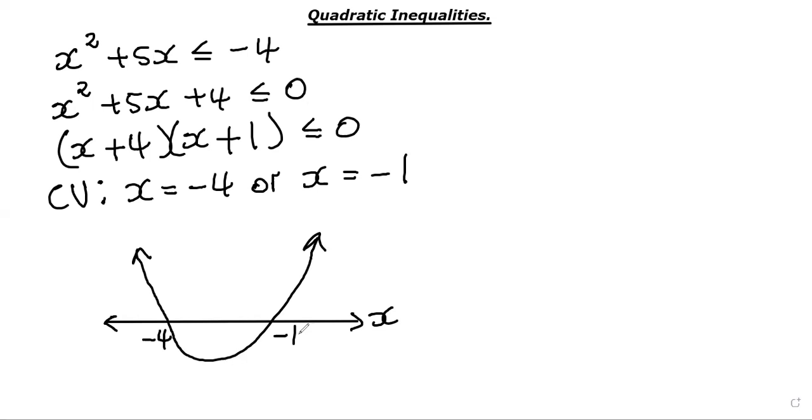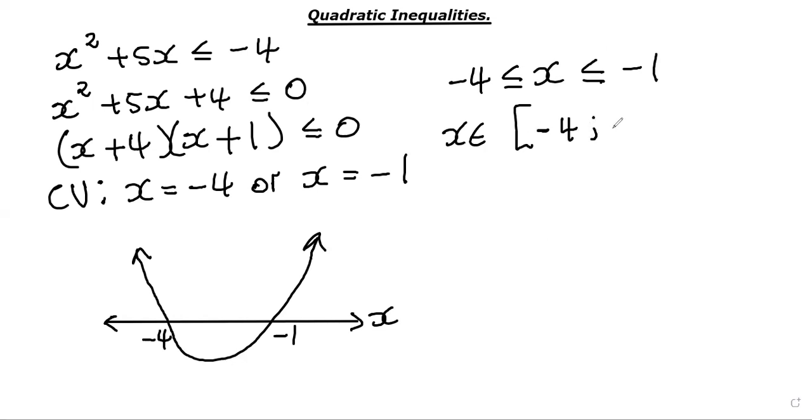So for this one, we'll simply say it's any value of x that is less or equal to -1 but greater or equal to -4. Alternatively, you can say x is an element of all the values from -4 to -1. And then you should be happy and smiling with this one as well.